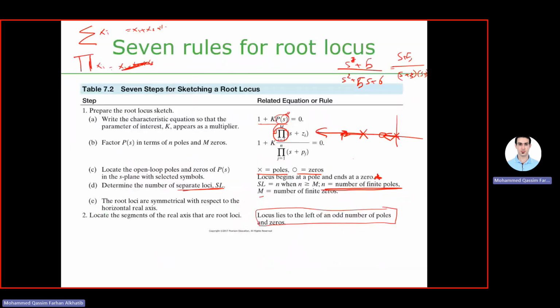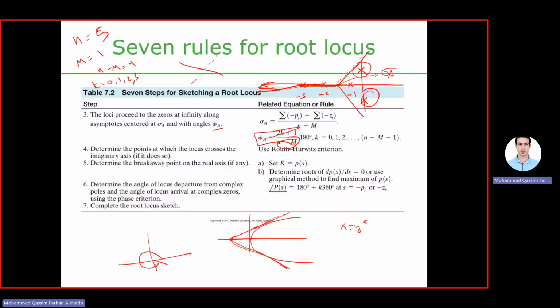Now, how to determine this point? You look at the transfer function, you want to maximize it. So make it like this: K equals negative P of S, your transfer function, and make sure you have the negative sign. Take the derivative with respect to S and set it equal to 0.